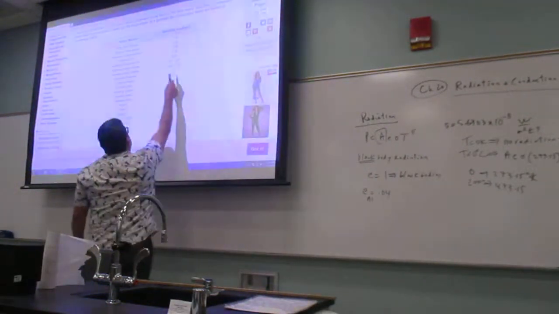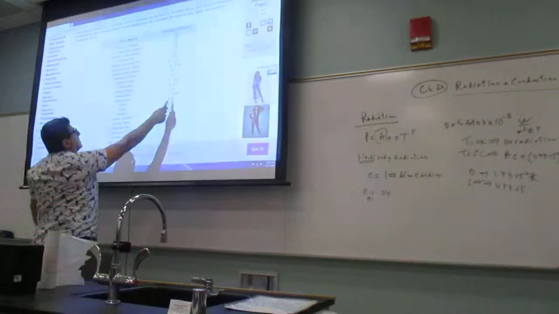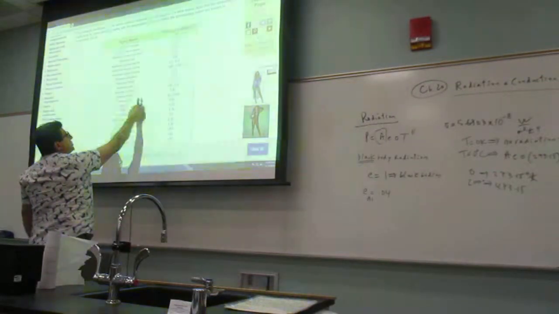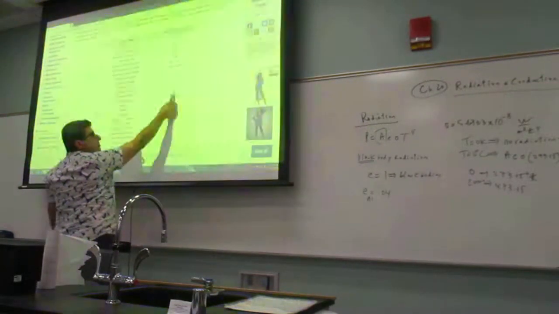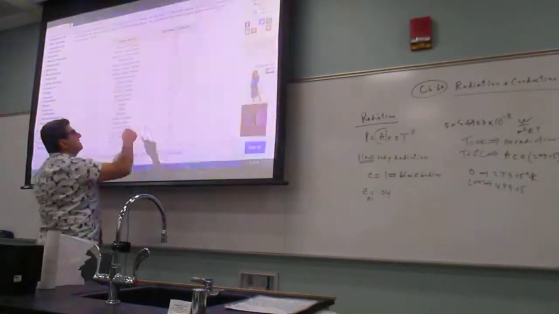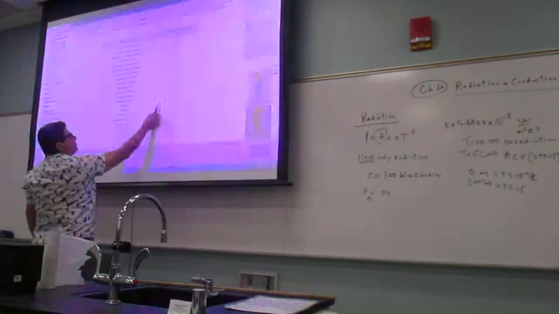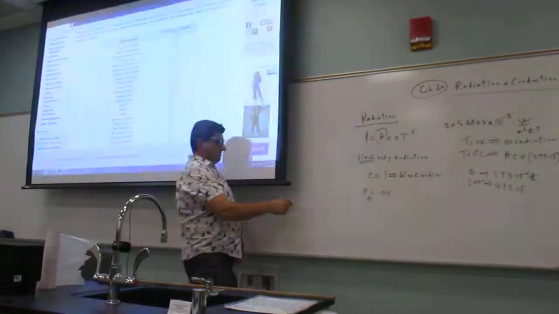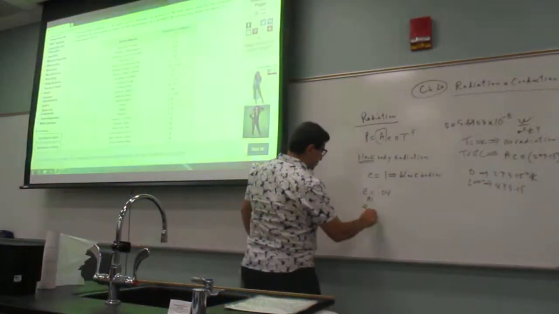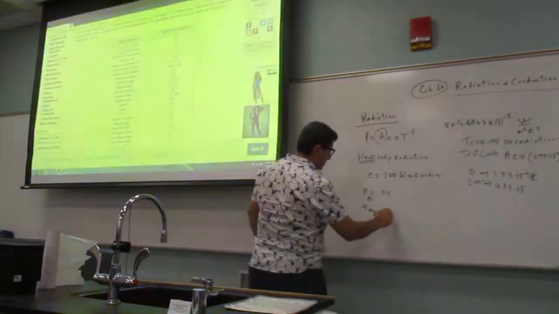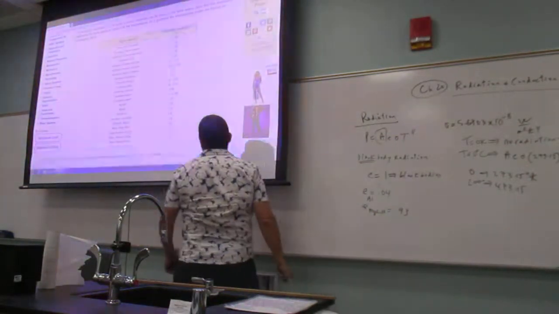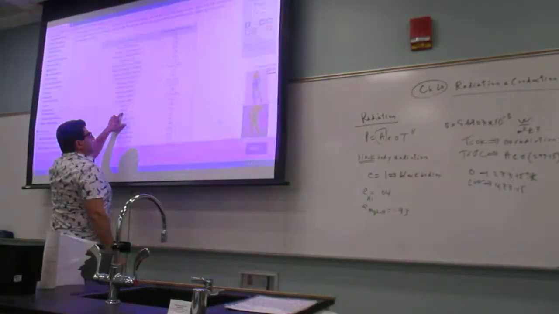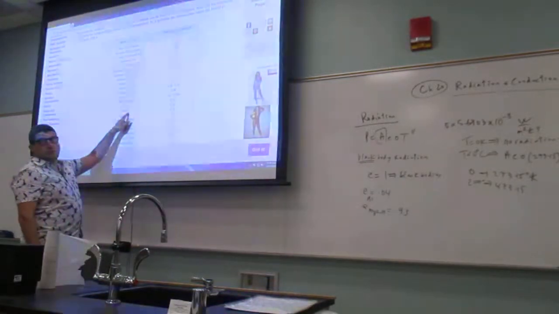Then you got other materials, asbestos board 0.96. So that looks like a black body. Asphalt 0.93. You see? So that's making sense. Asphalt, those are all black objects, 0.93. Basalt 0.72, so different kinds of rocks, right?